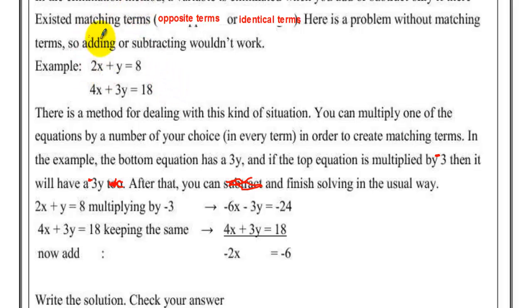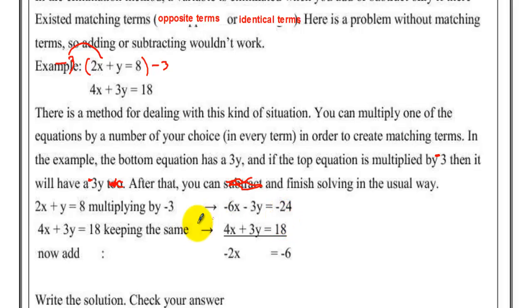So let's try that. If I'm going to multiply the first equation by negative 3, we will end up getting negative 3 times 2x is negative 6x, negative 3 times y is negative 3y, and then negative 3 times 8 is equal to negative 24.